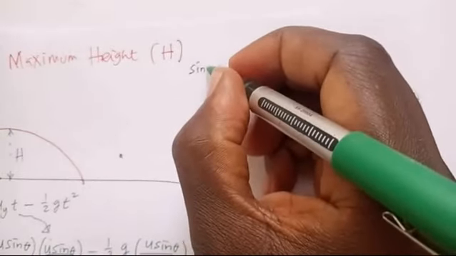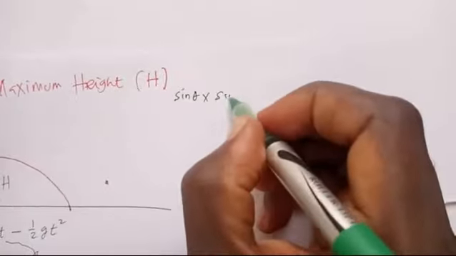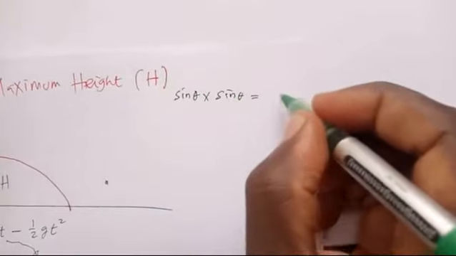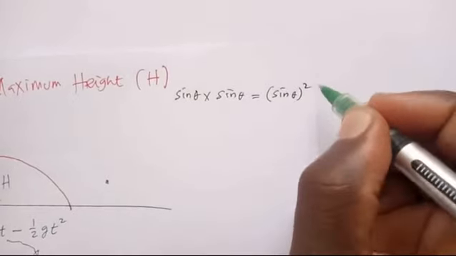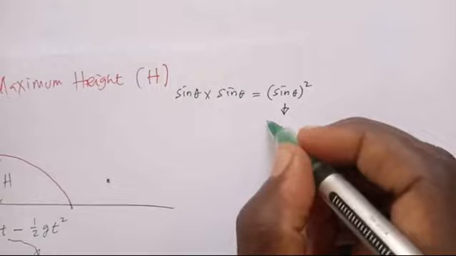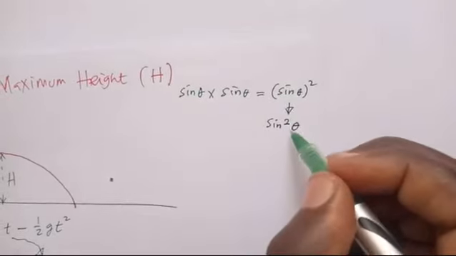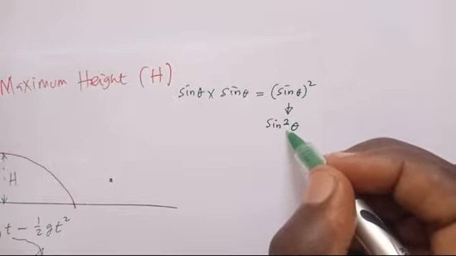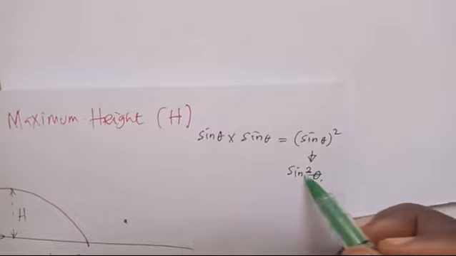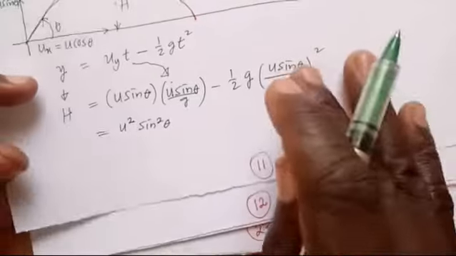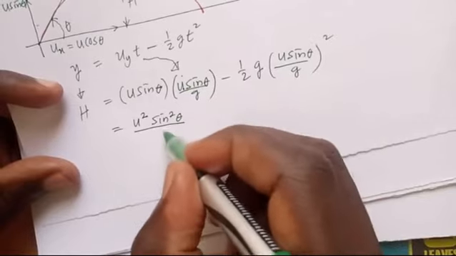When you multiply sine theta by another sine theta, you can write it as sine theta squared, but this one is simplified as sine squared theta. Please, the 2 should be up, because if you bring it down, sine 2 theta has a different meaning. The 2 should appear as a square. Then I have sine squared theta divided by g.